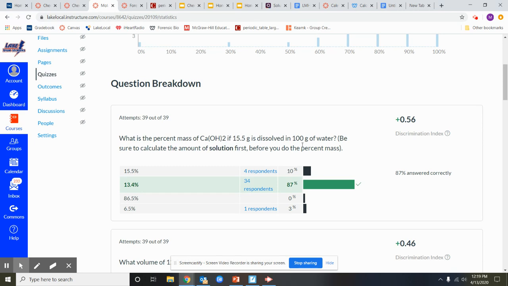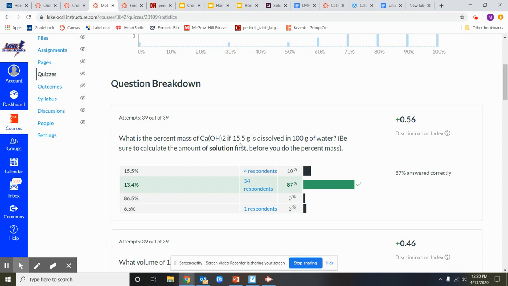So in this case, you have 115.5 grams of solution. You take the grams of your solute, 15.5, and divide it by 115.5. Then you multiply that by 100, and that gives you 13.4%.